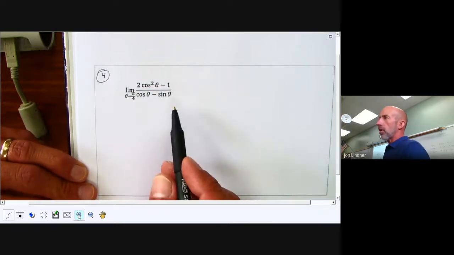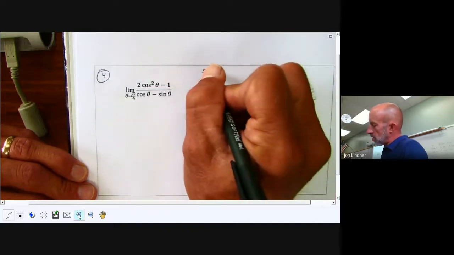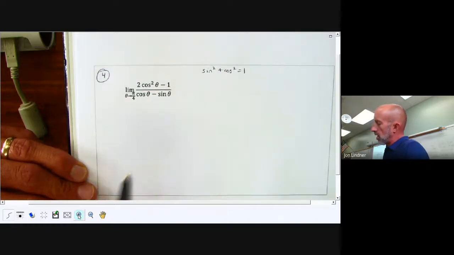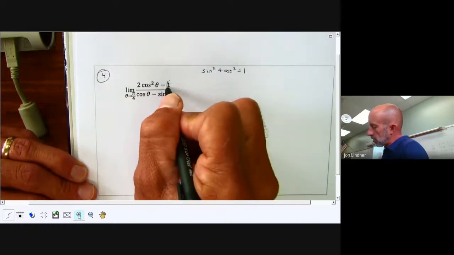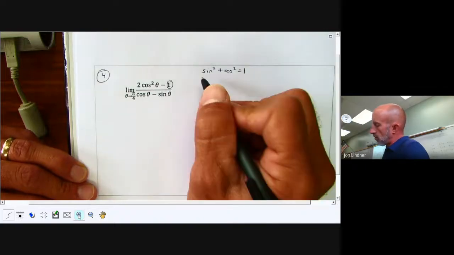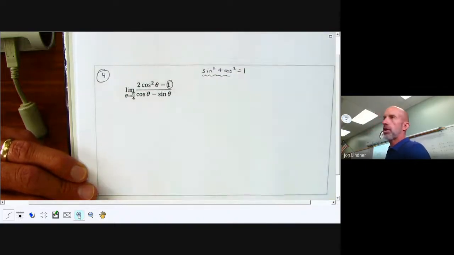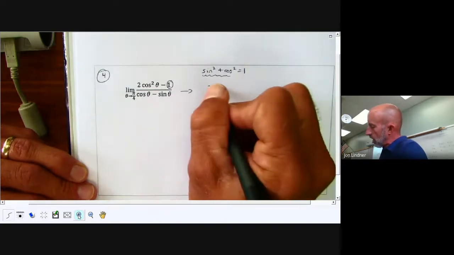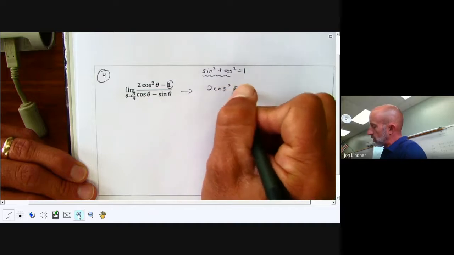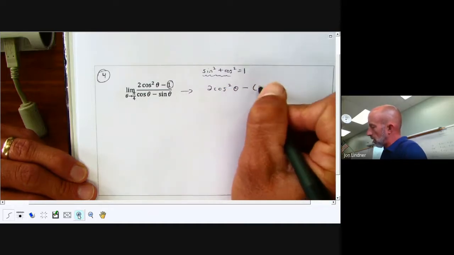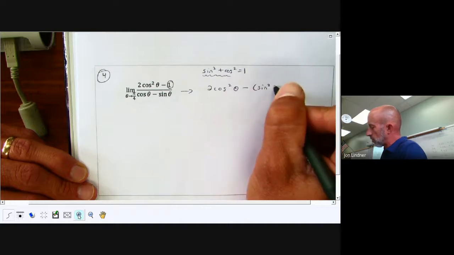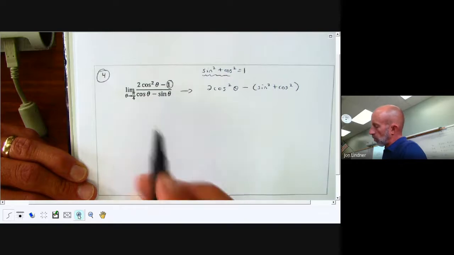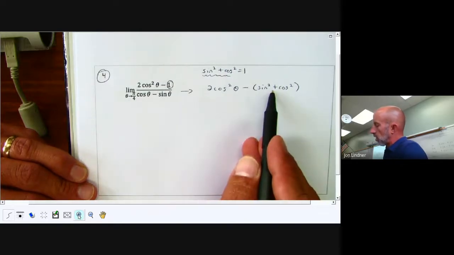What works better is to remember that sine squared plus cosine squared equals 1. That means I can replace this 1 with this on this particular problem. Let's try it. Now I have 2 cosine squared theta minus, I'm putting it in parentheses on this first step, sine squared plus cosine squared. I replace the 1 with sine squared plus cosine squared.